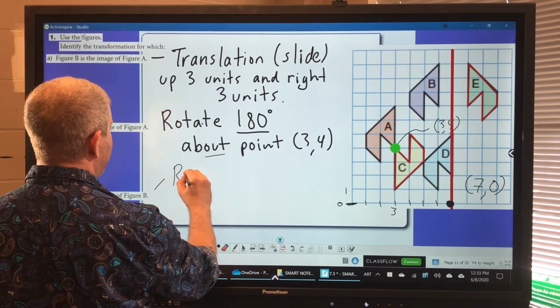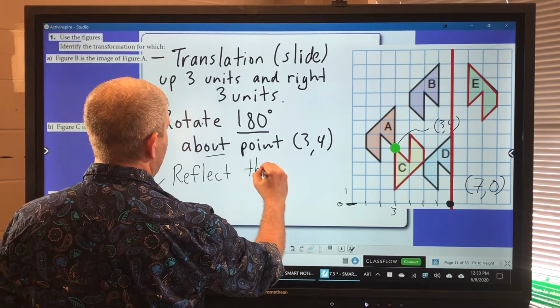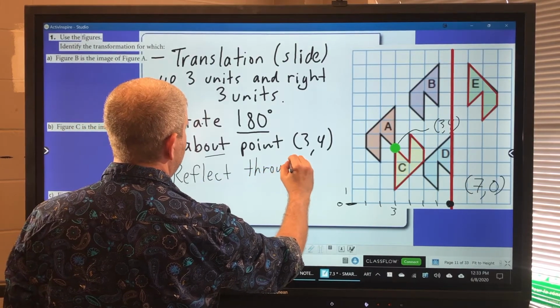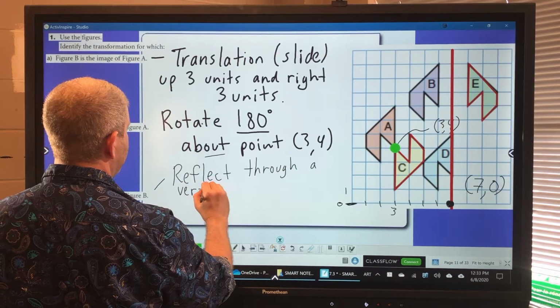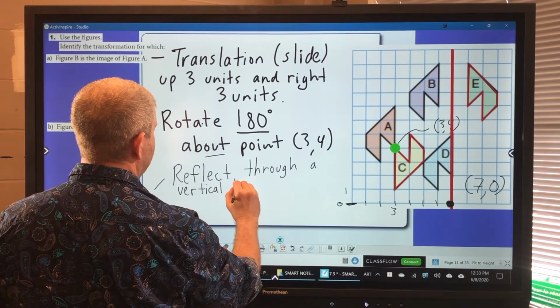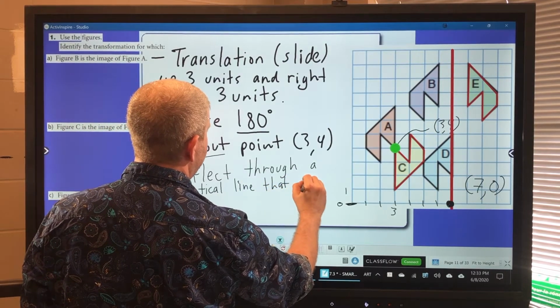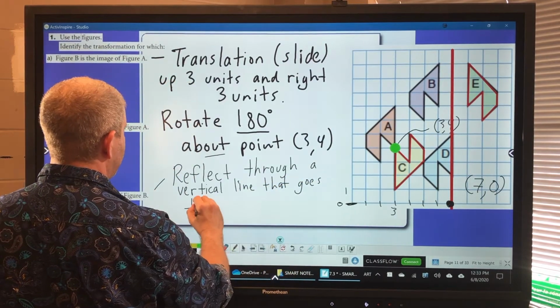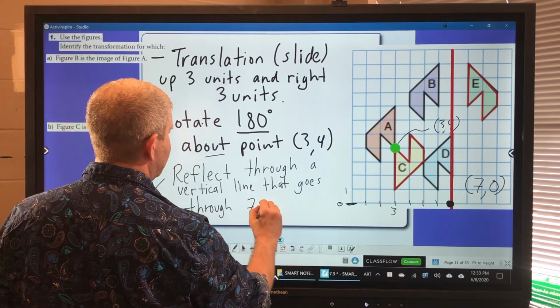I can say reflect through a vertical line that goes through 7, 0.